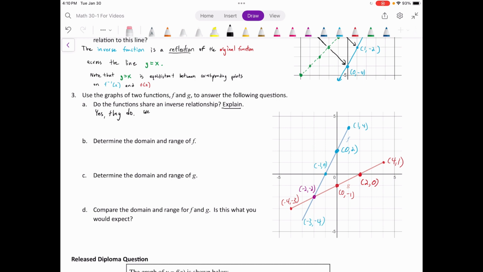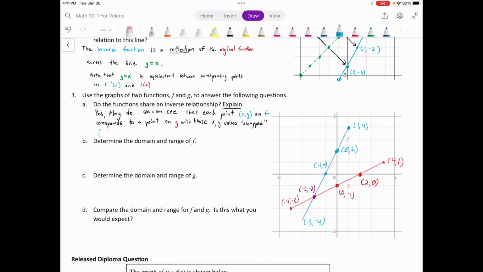So we can see that each point (x, y) on the function f corresponds to a point on g with those x, y values swapped, right?